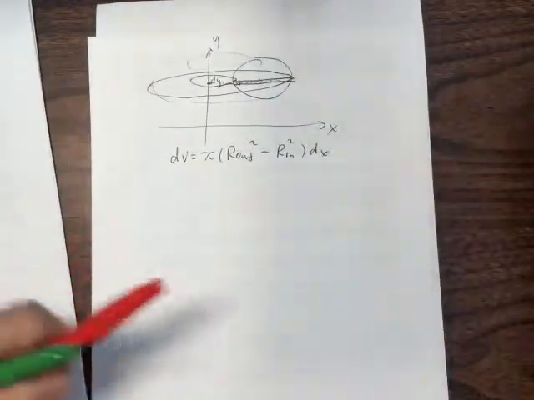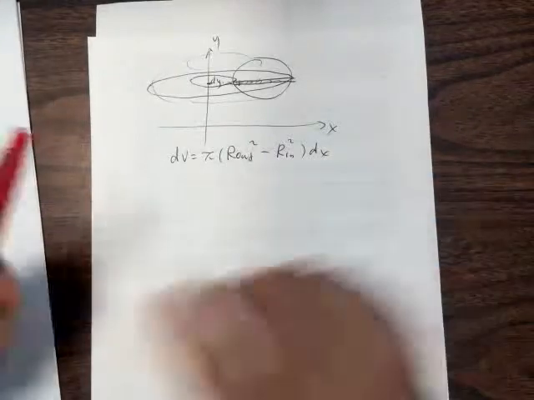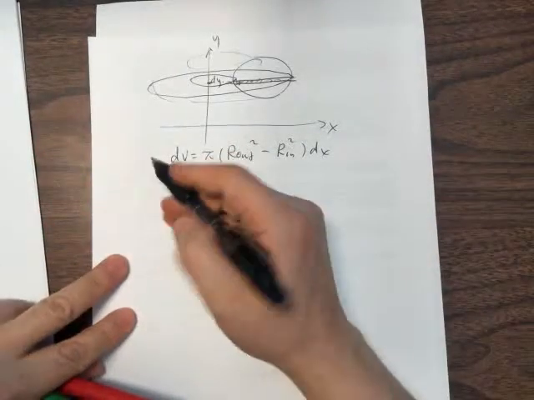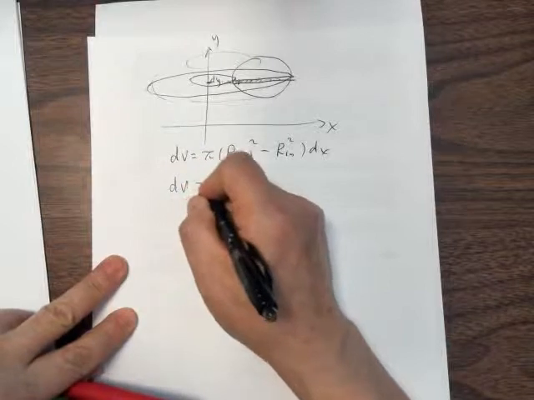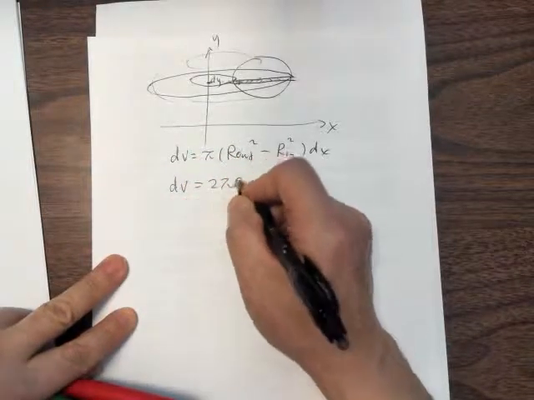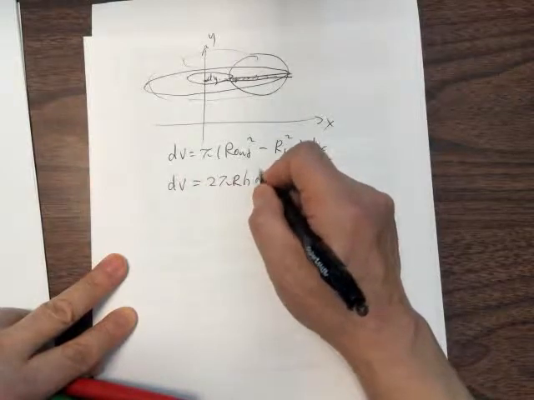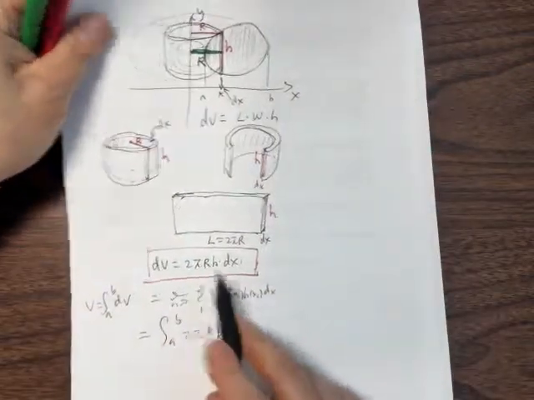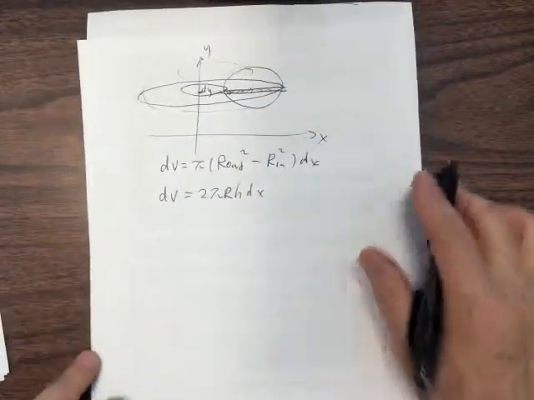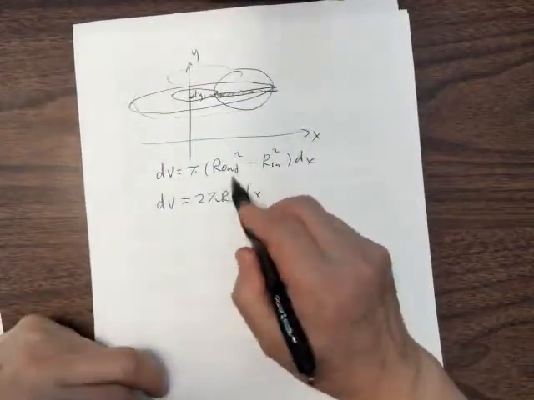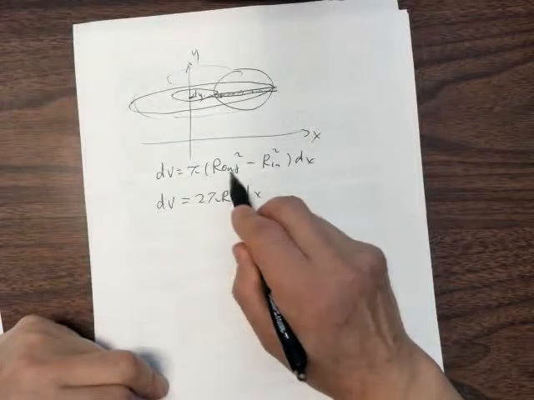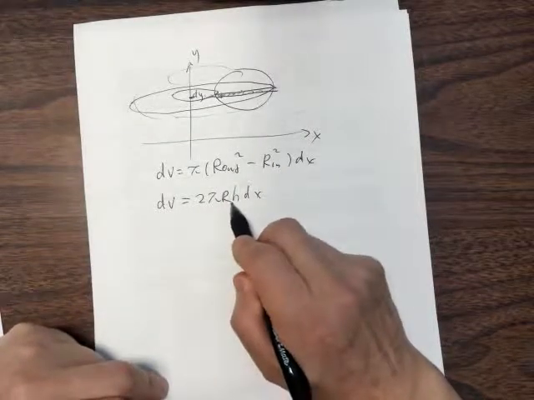Alright, compare this to the shell method we got here. You can tell algebraically those two terms are more complicated than this.